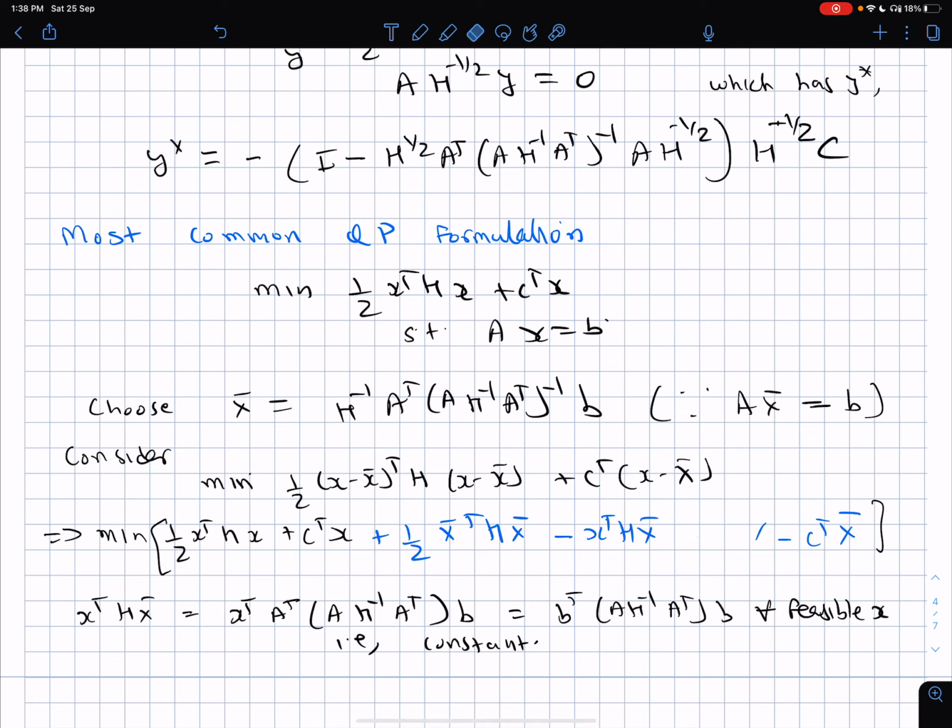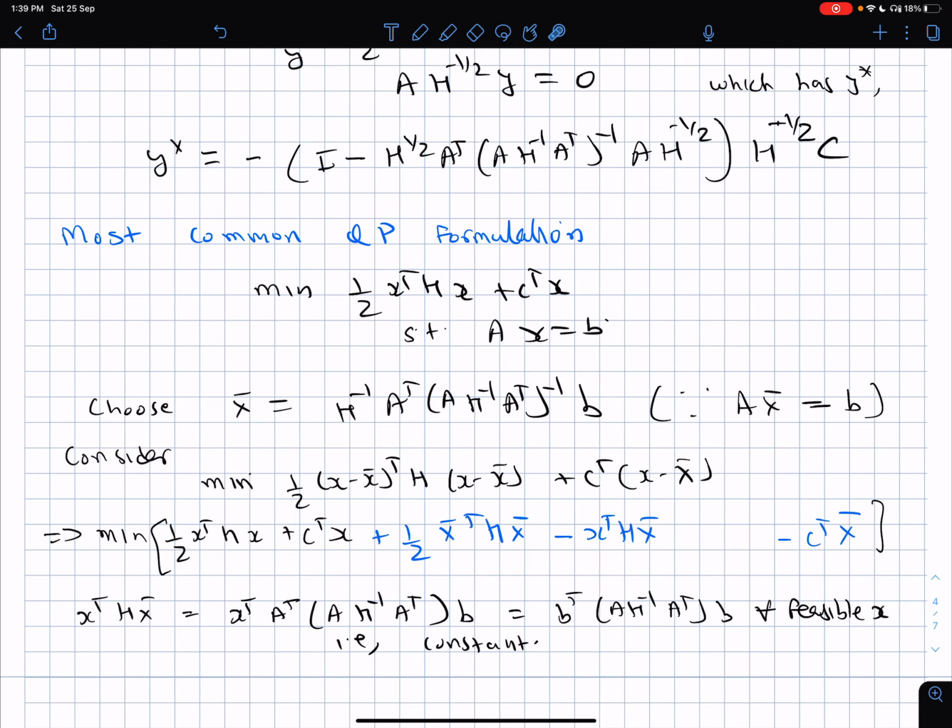Then minus c transpose x bar. So the expansion decomposes into three terms, first term, second term, third term.